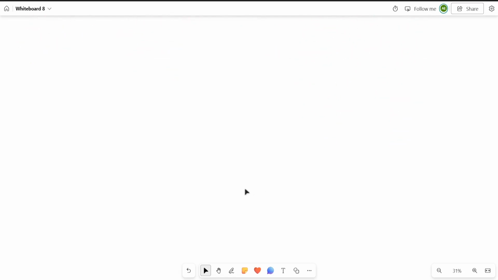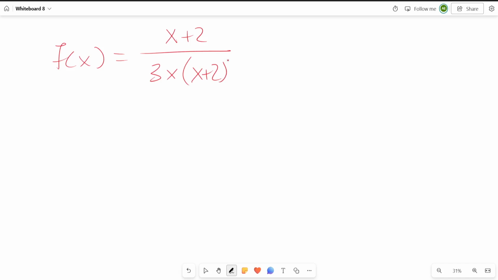Let's take one more example. Let's say we have the function f of x equals x plus 2 over 3x into x plus 2 squared. So over here, this is fully factorized. There is nothing I can do.